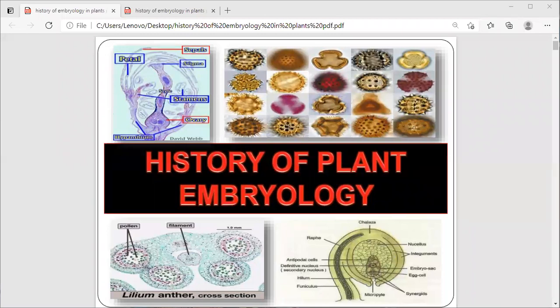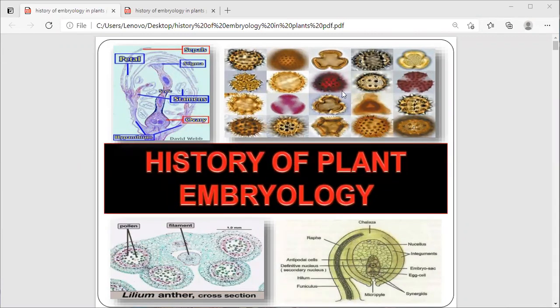Actually, this is the placenta, the attachment portion to the plant or fruit wall. So these are the different kinds of anatomy. We call it the anatomy of reproductive parts. All this we can study through embryology.